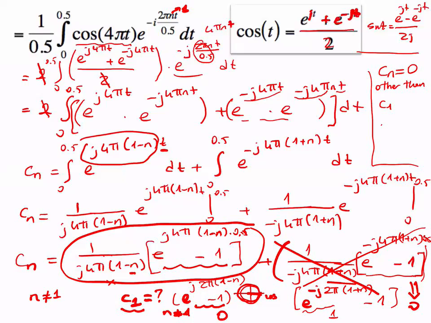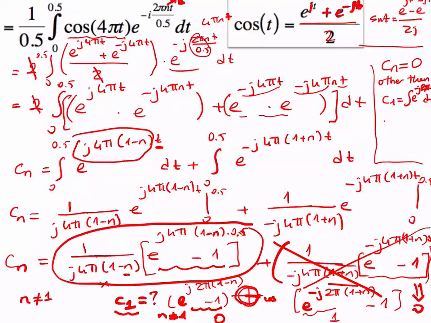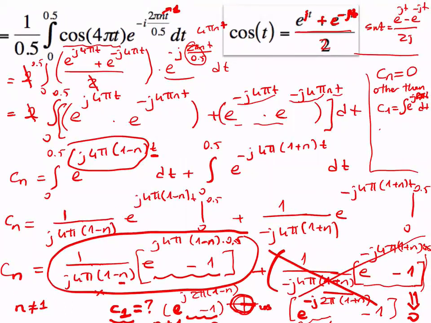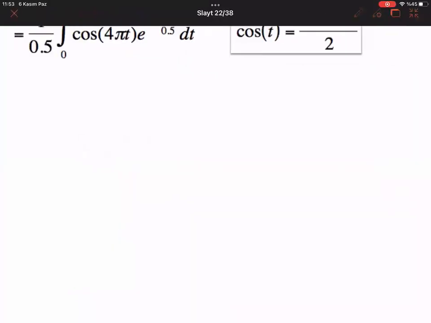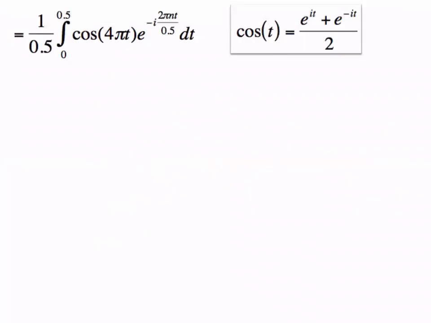It will be like the integral from 0 to 0.5 of e to the power j 4 pi t, 1 minus n, dt.